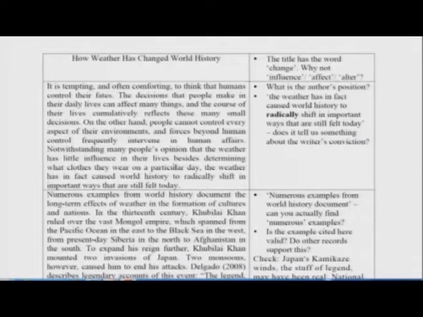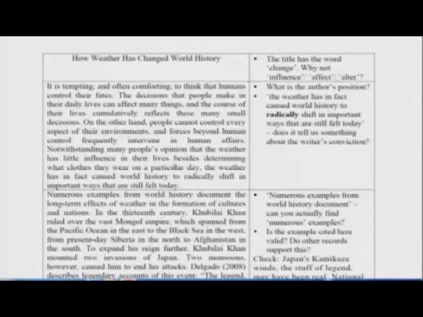This is the same text which we looked at in the previous class when we were discussing reading for detailed understanding. When we were doing detailed reading of it, we analyzed the patterns, we saw how each paragraph is connected with one another, and what is the role of the introductory paragraph and the concluding paragraph.